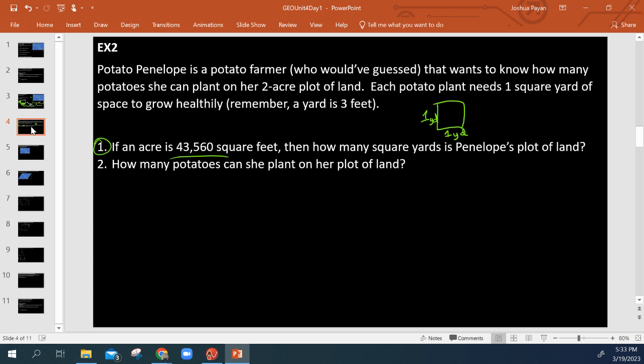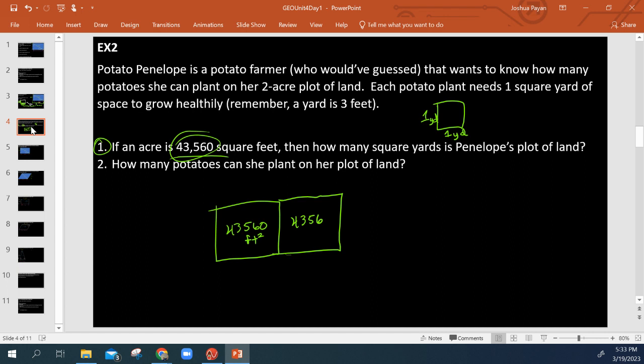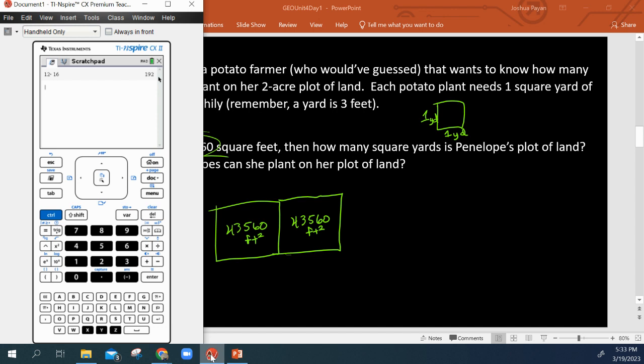So she has 2 acres, right? So we can basically say, she's got an acre here, right? Each one has this much within it. So 43,560, and that's square feet, right? How many square yards is Penelope's plot of land, right? So what we would want to do first there is go ahead and multiply 43,560 times 2, or you could just add it by itself twice, right?